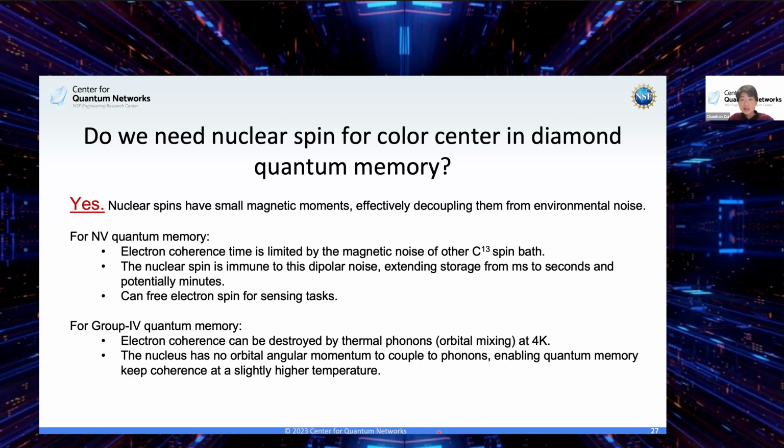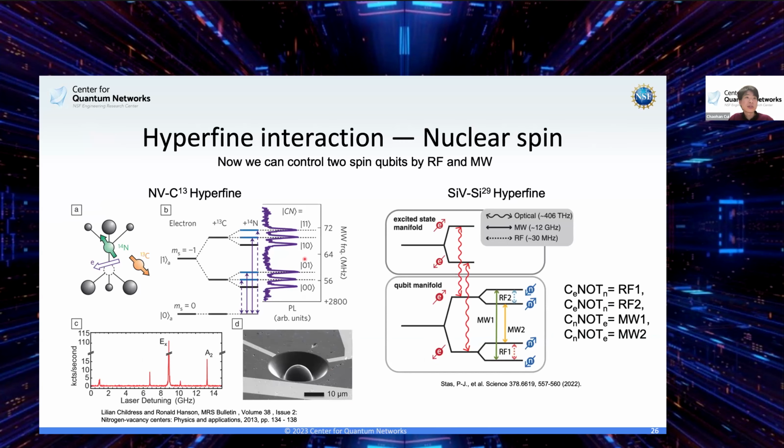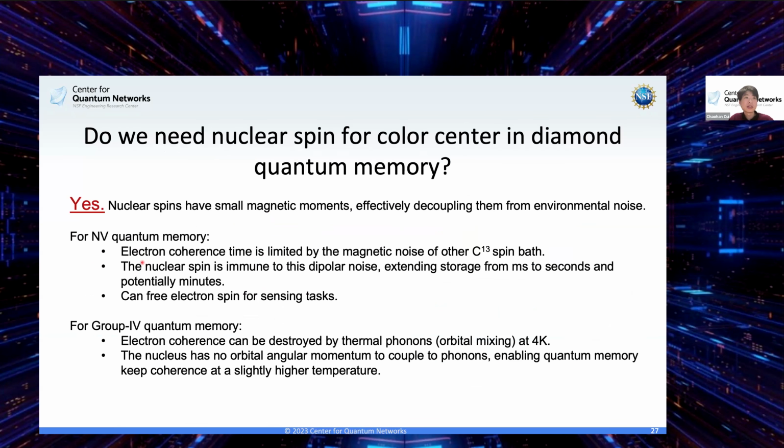So for NV centers, the main enemy is magnetic noise. The magnetic noise comes from the diamond lattice of random carbon-13 isotopes that act like a noisy magnetic bath. Especially for those that are close, you can resolve the split caused by the coupling to the nuclear spin.